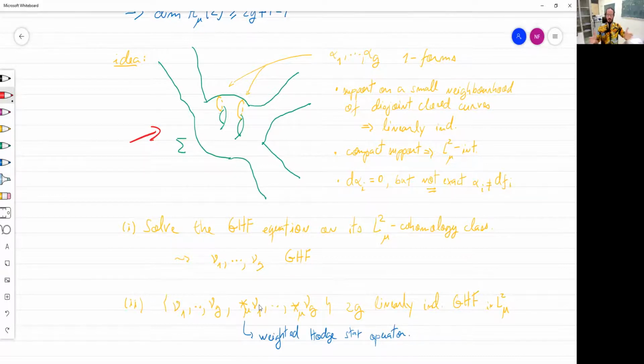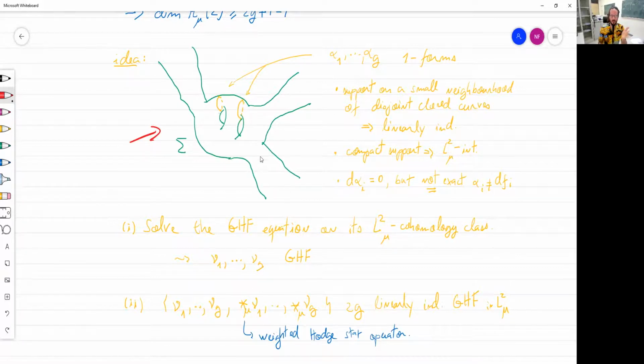Here again, we're using dimension 2. And by construction, because it has compact support, it has finite L2 norm. So this is the easy part of the construction.